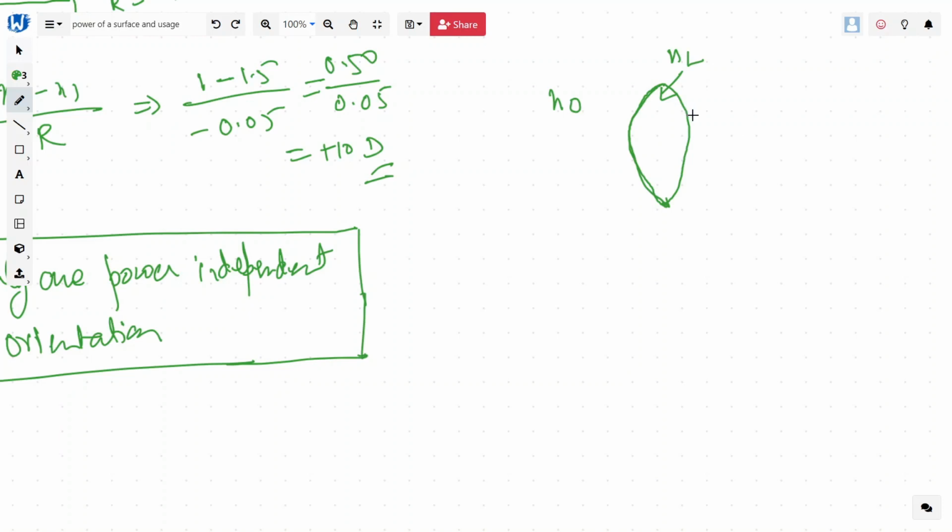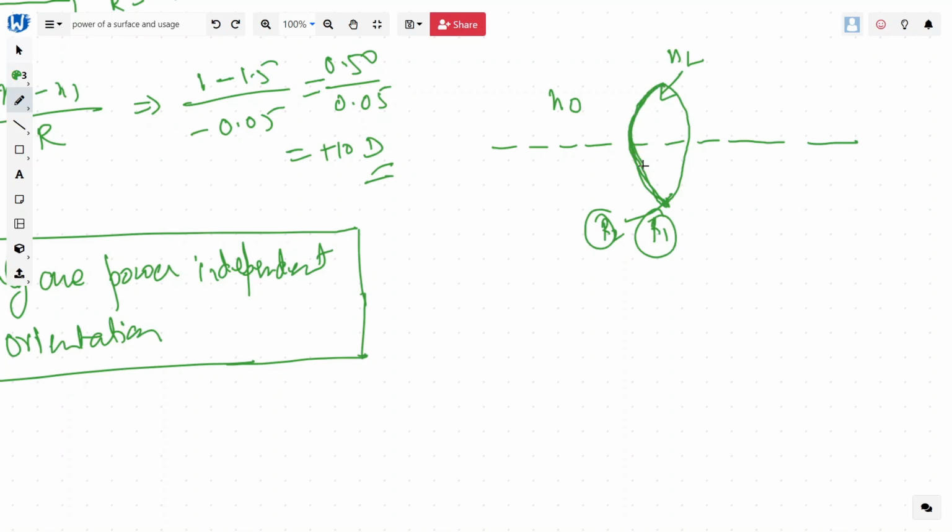Now let's try to find out the power for this. So first we have to find the power for this one. Let's say the radius of curvature for this one is R1, and for this side is R2.